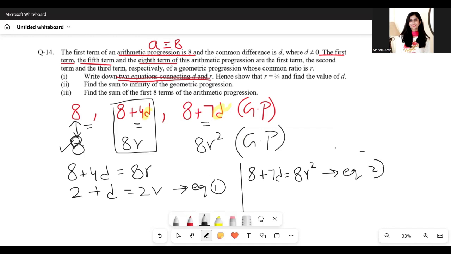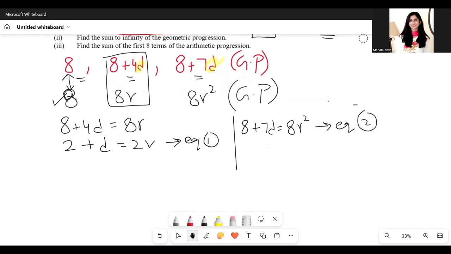Okay, now we have to solve these simultaneously to show that R comes out to be 3 by 4 and find the value of D. So I'm going to make D the subject in both of these equations and then equate them. D is equal to 2R minus 2. And here D is equal to (8R squared minus 8) divided by 7.